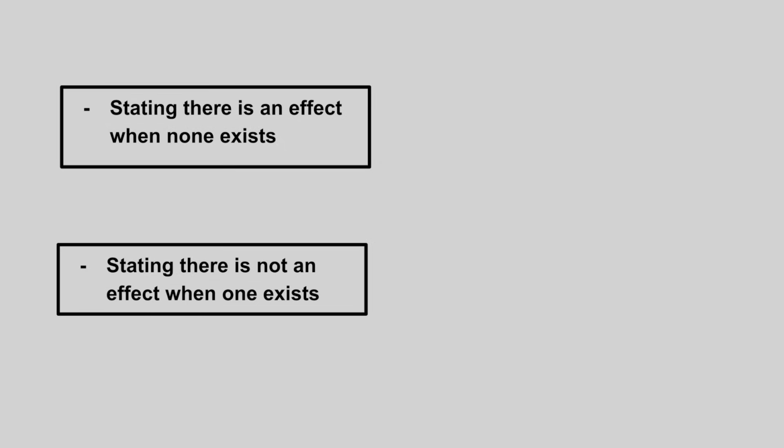Next, we're going to be talking about types of testing errors. The first one states that there's an effect even though none exists. This is type 1 error, also called alpha. And we compare that to the next one, where we state there is not an effect when there actually is an effect that exists.